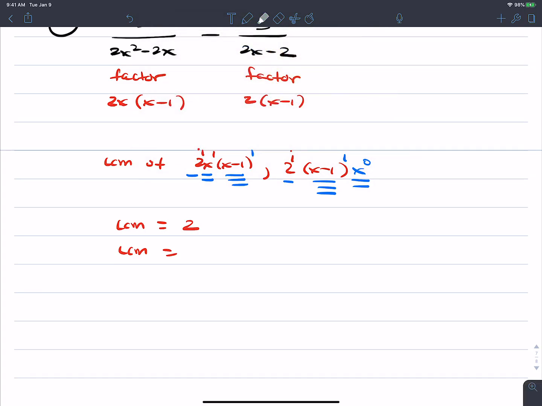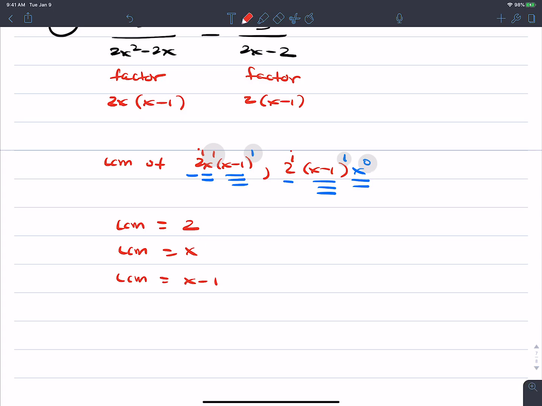Let's take a look at the powers again, and x to the 0. The largest power here is 1, so this LCM is going to be x to the first power. Then we go to the x minus 1 term. 1 versus 1, and by default, the largest power is 1. So for the third term, it's simply x minus 1.